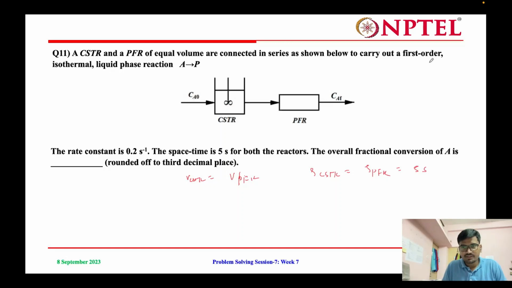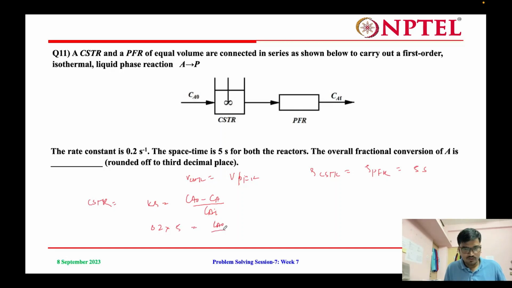Here is a first order reaction. The performance equation for the CSTR is K tau equal to CA naught minus CAI divided by CAI, right? Here K is given 0.2 and tau 5.